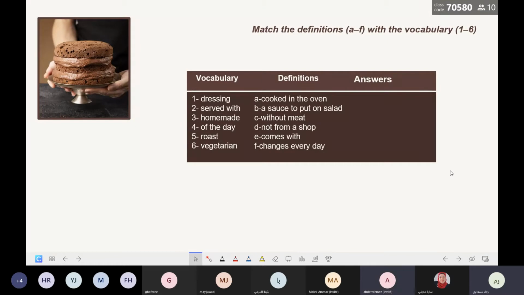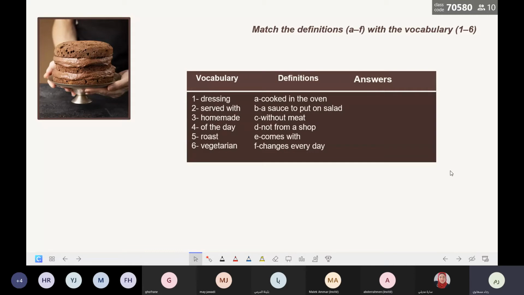Abdurrahman: of the day, comes with. Not really. If I say of the day, there is a repetition of another word in the second definition. What is the word which is repeated here, Abdurrahman? Day. You must look for a sentence in which you have day.